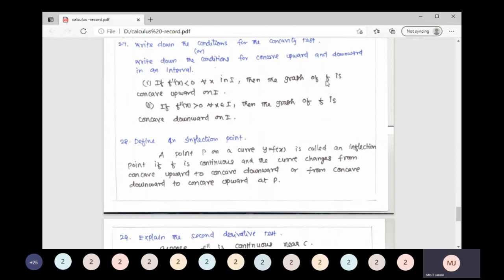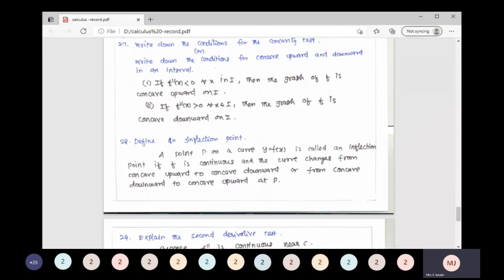Then the graph of f is said to be concave upward. That is, the first derivative less than 0 means negative values for all x. Then the graph is said to be concave upward on the given interval I. Or if f''(x) is greater than 0 for all x belonging to I, then the graph of f is concave downward.